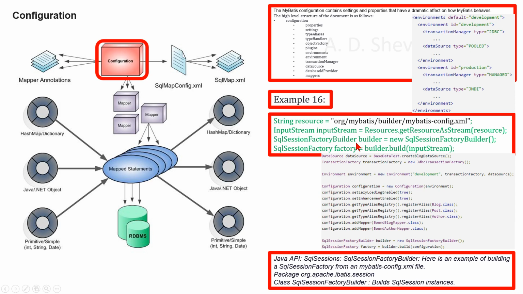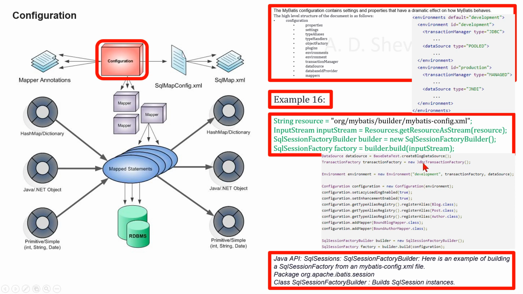The SqlSessionFactoryBuilder has five build methods, each of which allows you to build a SqlSessionFactory from different sources. The first four methods are the most common, as they take an InputStream instance that refers to an XML document, or more specifically the mybatis-config.xml file discussed here.